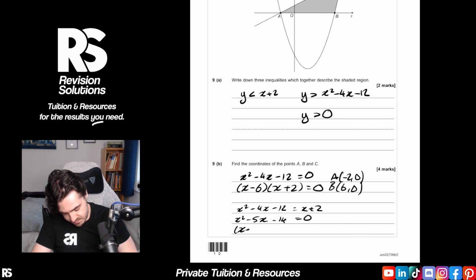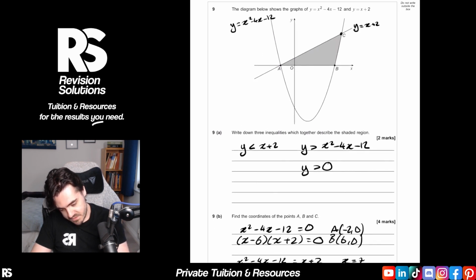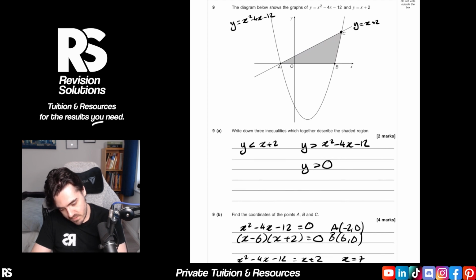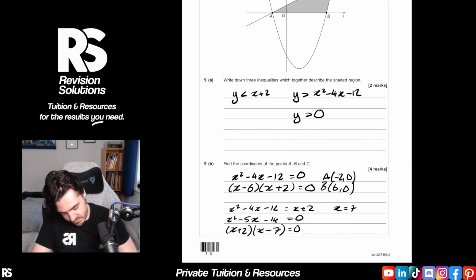So x plus 2 must be a root, meaning that the last factor would be x minus 7. So x would equal 7 for our final point C, and to find the actual y coordinate of C, we can plug it back into this. So 7 plus 2 would be 9. So point C must be 7, 9.